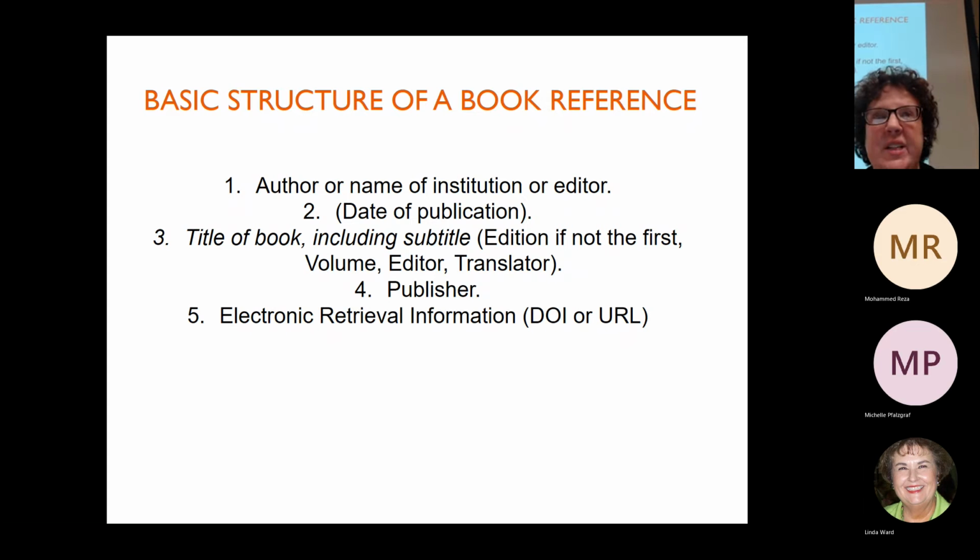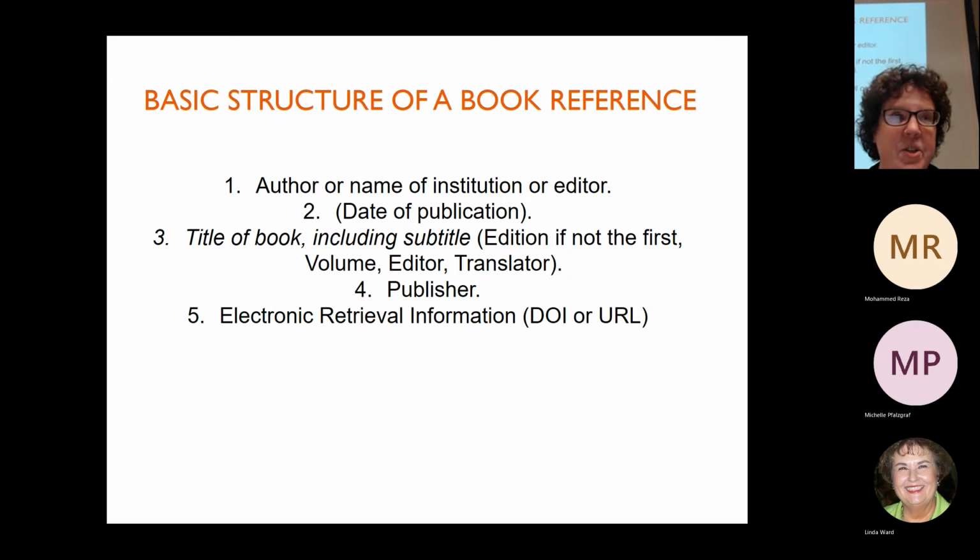But the editor gets the credit for the main part of the book because they're the ones who are spearheading this. They're finding it. They're working with the authors. They're doing things. They are selecting materials very carefully. So you may have an author as an editor in your author field, and then you would do ED or EDS after the name. And that lets your reader know, this is the editor of the book.